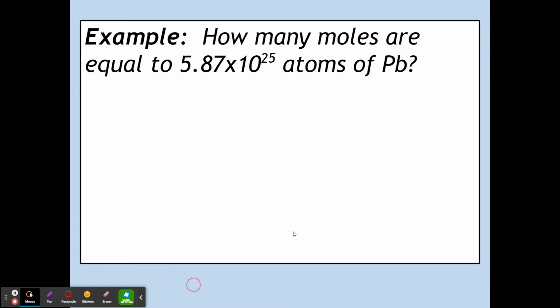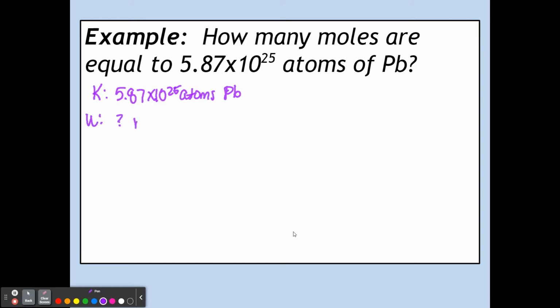In our last example, we are still going from atoms to moles. So my known, 5.86 times 10 to the 25th atoms of Pb. My unknown, how many moles of Pb that is. So I'm going to go from atoms to moles.